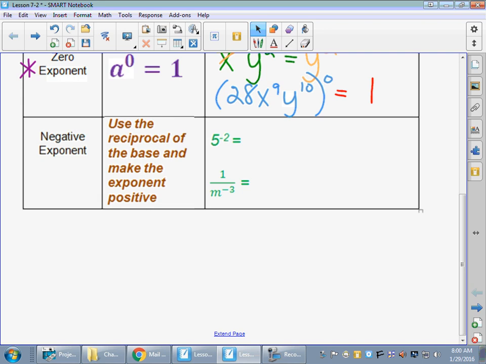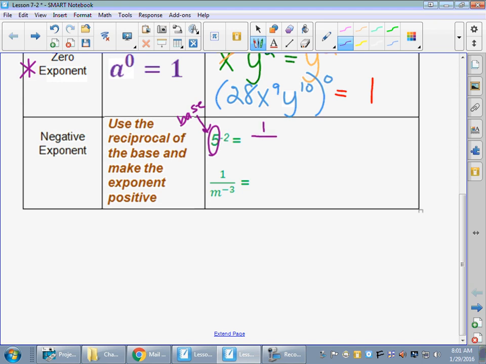One of our rules for simplifying in 7.1 was no negative exponents. So this is how we take care of it. Use the reciprocal of the base, and then you get to make the exponent positive. So if I've got 5 to the negative 2 power, my power is negative 2, my base is 5. So what's the reciprocal of 5? We all know if you want to make 5 into a fraction, you put it over 1.